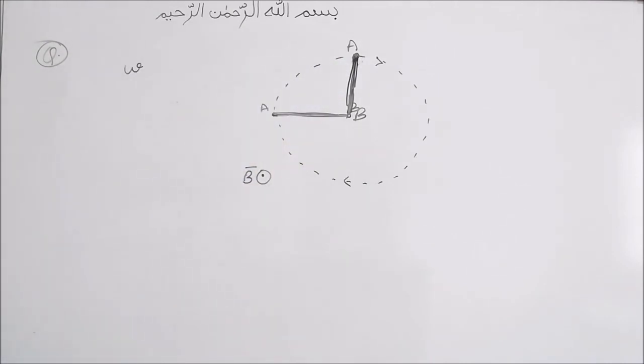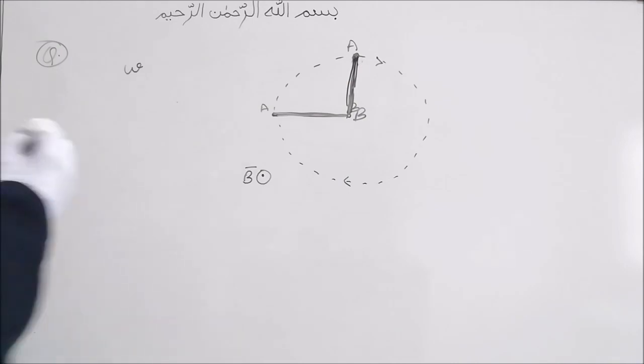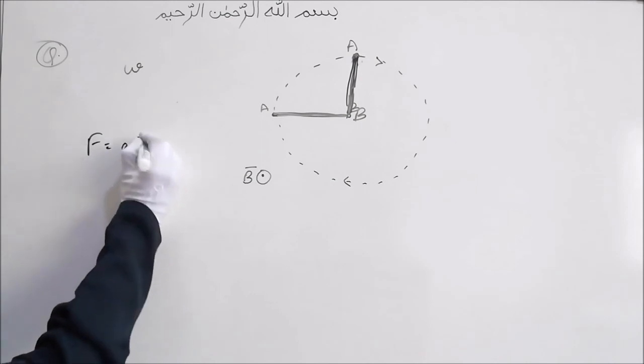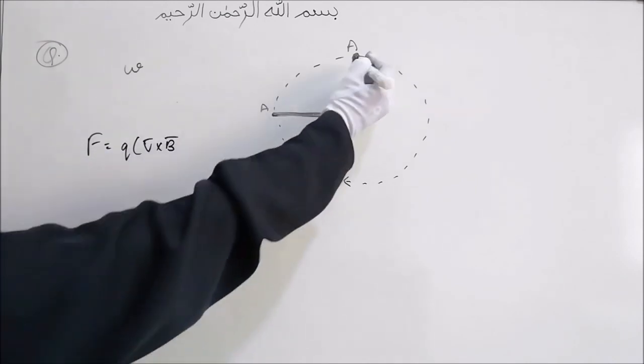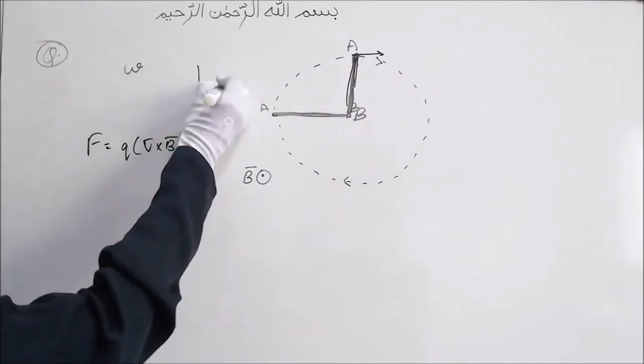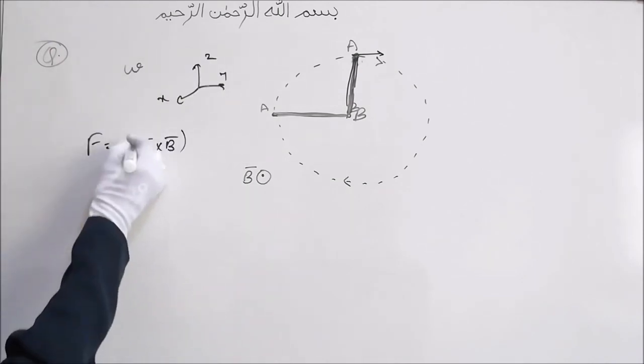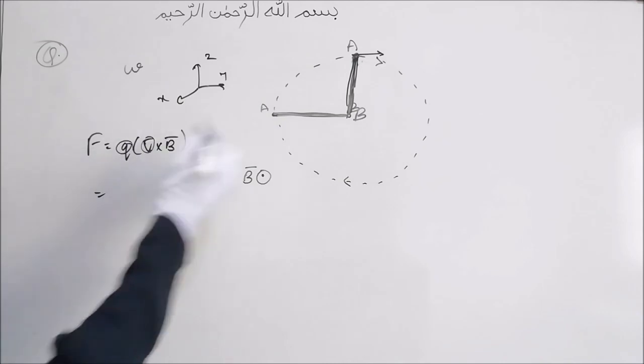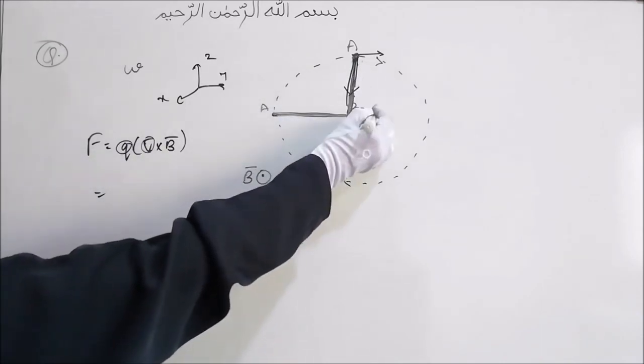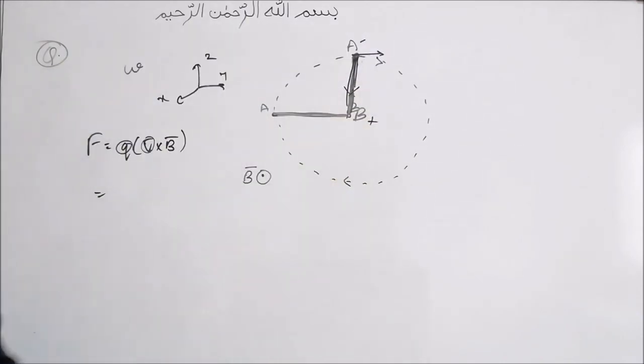Now we'll also look at this using the Lorentz force law, that is F is equal to Q V cross B. Again, we'll take the direction of velocity, same direction. Consider these as my axis, X, Y and Z. So this is for positive charges. Here we saw that force is acting downwards, B is positive and A is negative, or B is more positive with respect to A, right?